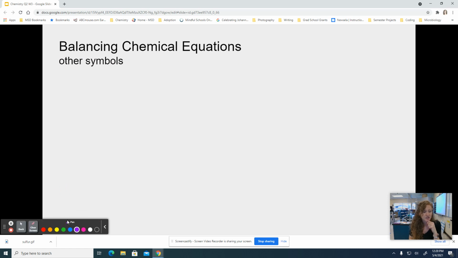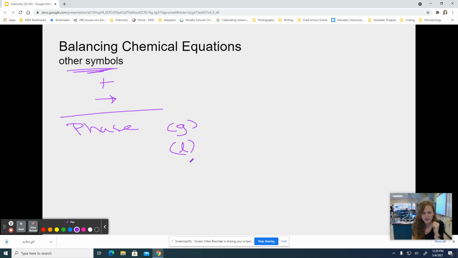All right. As you're working with chemical equations, we've talked about a couple symbols that you might see, like the plus sign and the arrow. There are other symbols also. First of all, there's symbols that tell you what the phases are. So if your substance is in the gas phase, you'll see a G in parentheses. Liquid is going to be an L in parentheses.